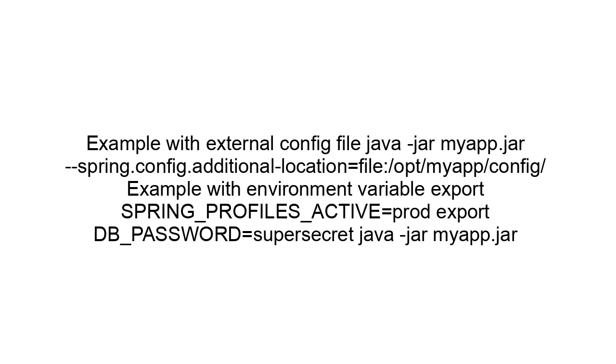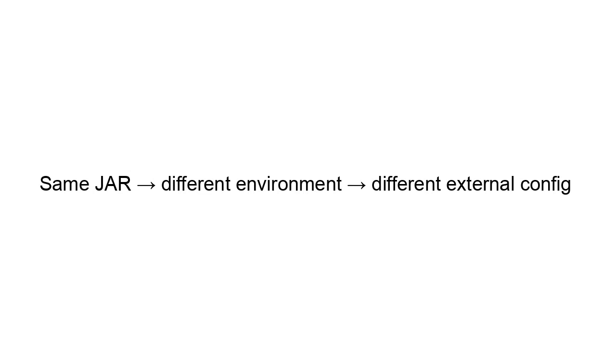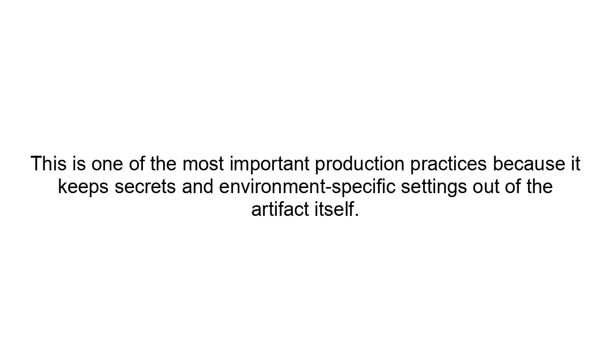Example with environment variable: export SPRING_PROFILES_ACTIVE=prod, export DB_PASSWORD=super-secret, java -jar myapp.jar. Example concept: same jar, different environment, different external config. This is one of the most important production practices because it keeps secrets and environment-specific settings out of the artifact itself.